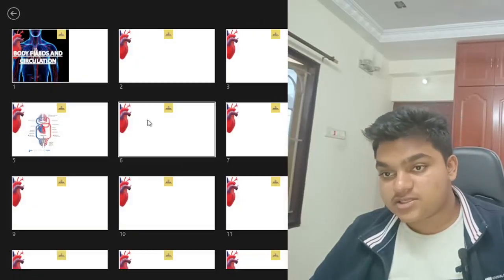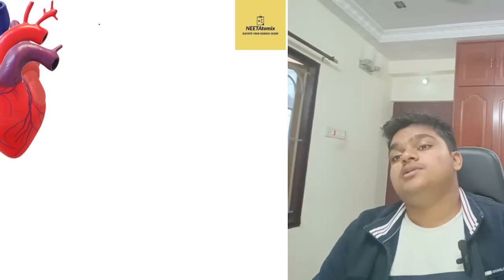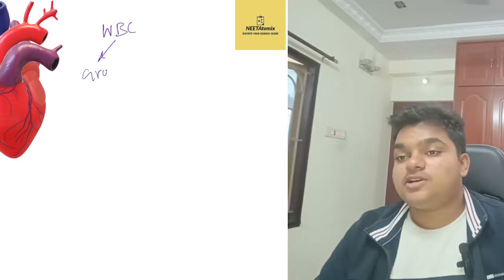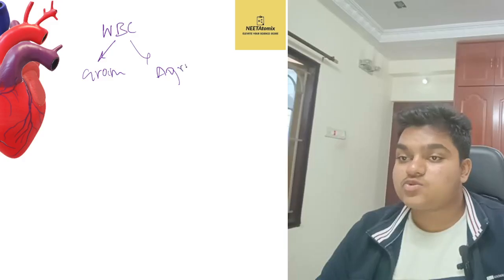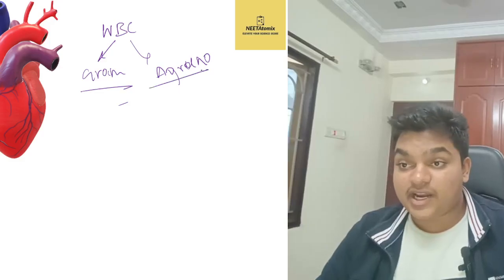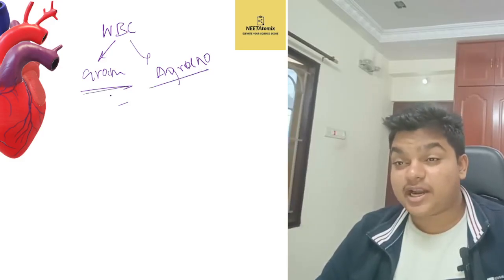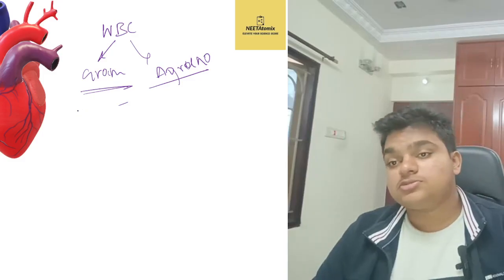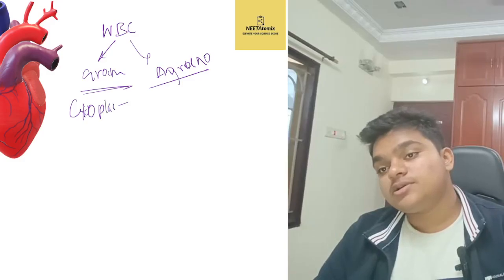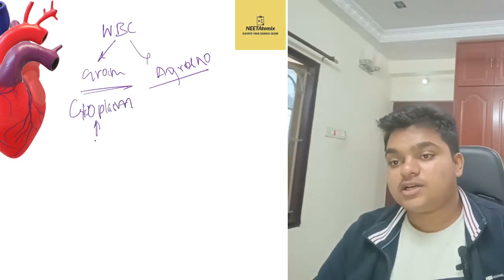Let me just take some other new page here. Here you go. WBCs are usually classified into granulocytes and agranulocytes. Why are these called granulocytes and agranulocytes? Granulocytes contain granules in their cytoplasm.